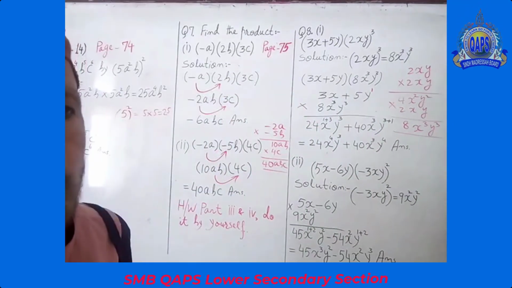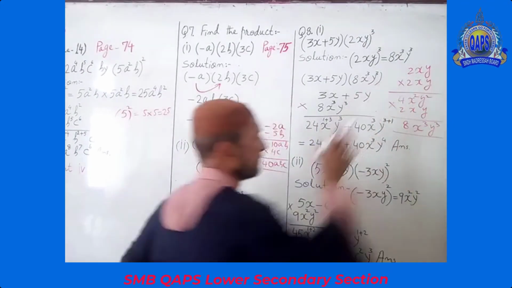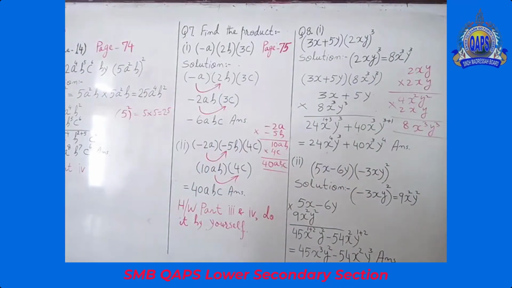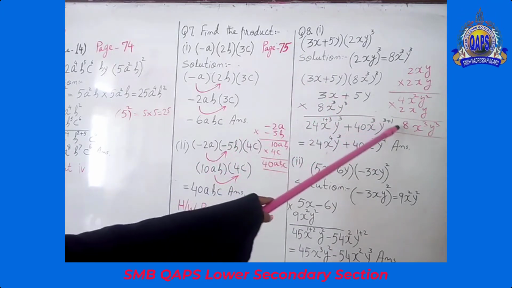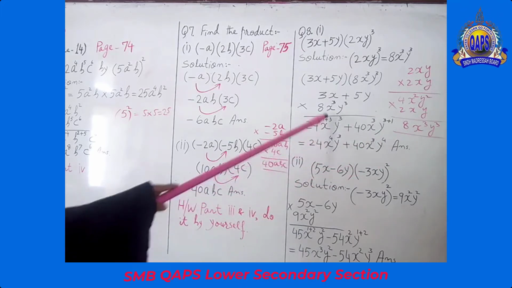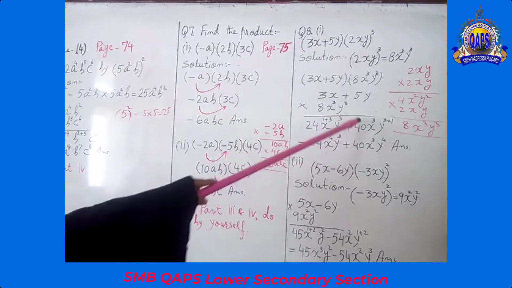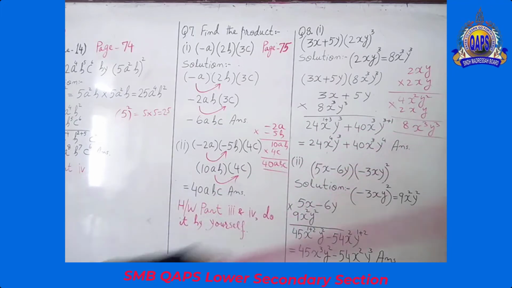This is power 1, but we do not write it. So, it will be y power 3 plus 1. Now the answer: 24 x power 4 y 3 plus 40 x 3 y power 4. That's your answer.